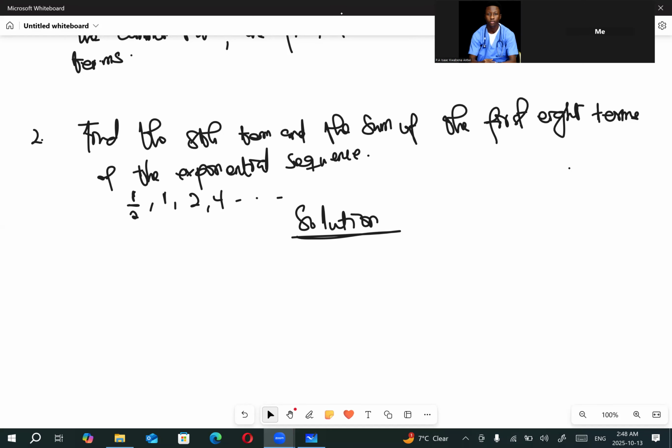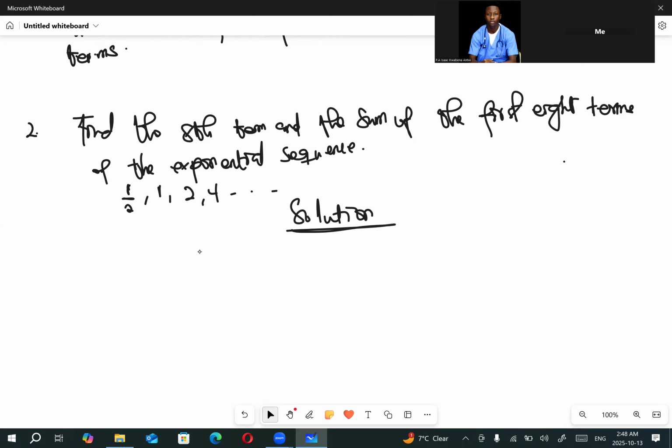To find the nth term, I think that's already been discussed. Let's generate the formula first. Remember, this is a GP, geometric progression, and the nth term is a r exponent n minus 1. Now we need to find r.